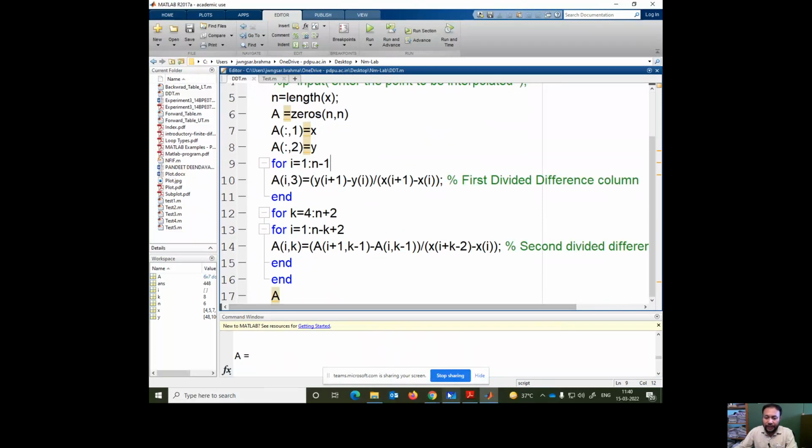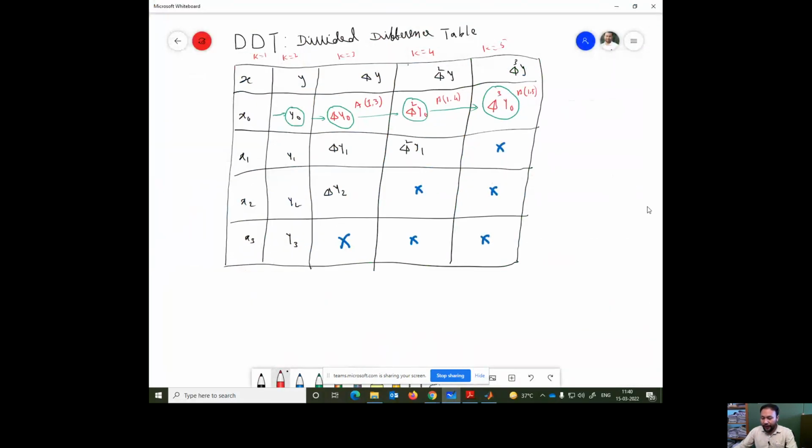Now today, what is our aim? Our aim is to develop an algorithm for finding the interpolating value using the divided difference table with the help of the Newton divided difference interpolation formula.